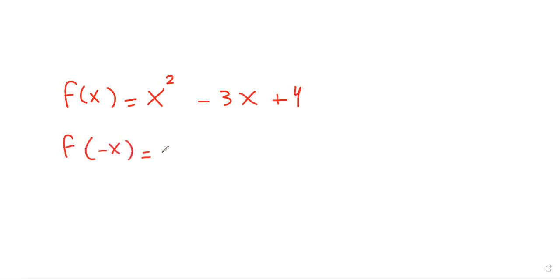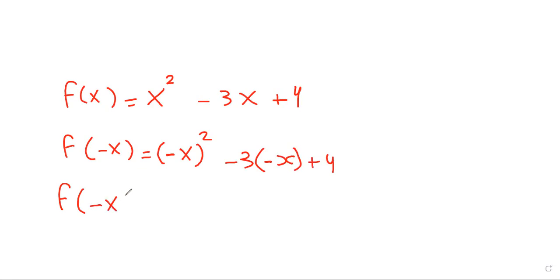Yusuf, number 4. Yusuf Mustafa, are you with us? X squared minus 3x plus 4. We'll find f of negative x. It will be negative x to the power of 2 minus 3 times negative x plus 4.